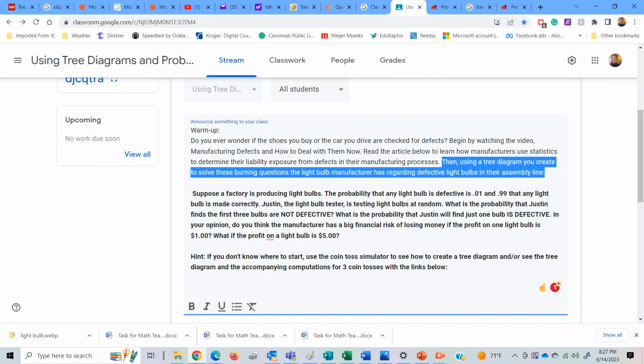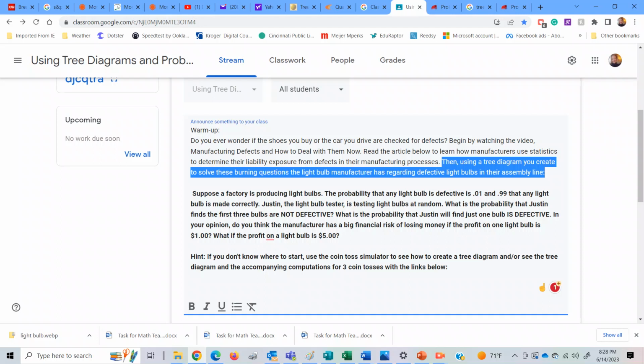And then the next sentence, I ask their opinion, because usually when people are asked their opinion, it's not a high stress situation, so I think it would calm them down and allow them to relax. And I asked their opinion, do you think the manufacturer has a big financial risk of losing money if the profit of one light bulb is $1?